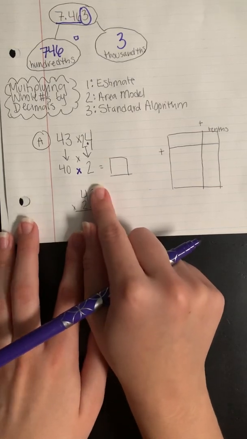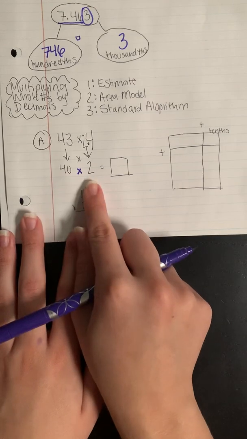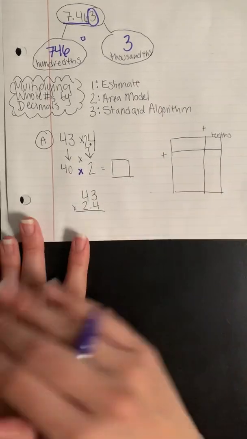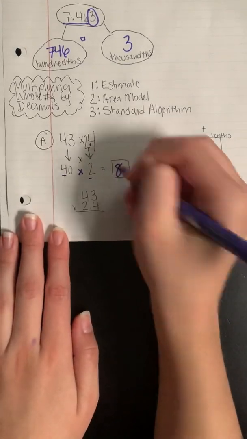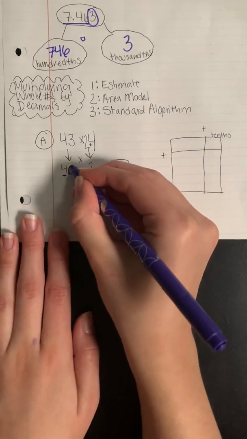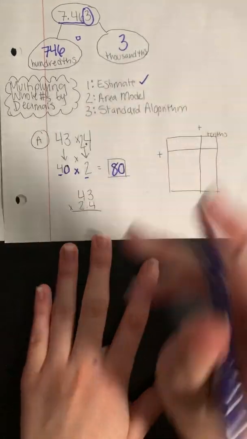It's closer to 2 than it is to 3, so I chose 2. Now, 40 times 2, you might be able to do that mentally, but if you're not sure, 4 times 2 is 8, and how many zeros do you see? Just 1. So 80 is our estimate. Step 1, check.